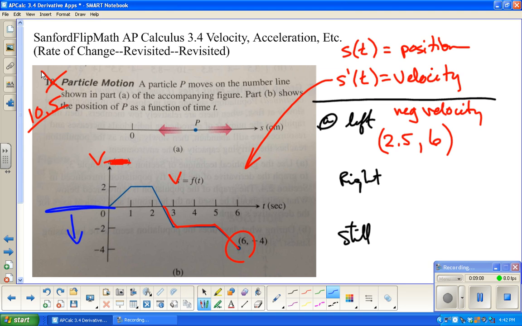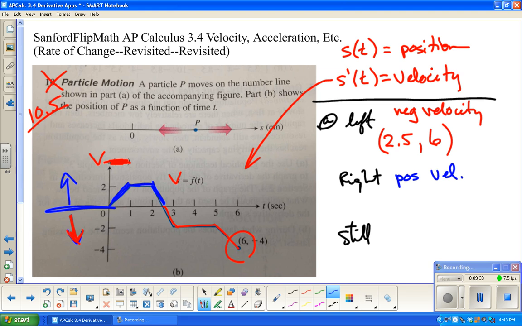When is it moving to the right? Well, when we have positive velocity. Where do you find that? I guess that'd be above the x-axis, or t-axis, as it were. Sorry, I've got to get my colors to coordinate better. Okay, so that's all of this.